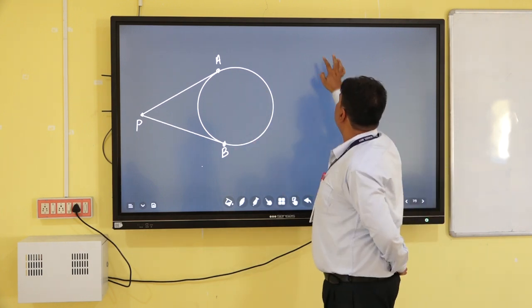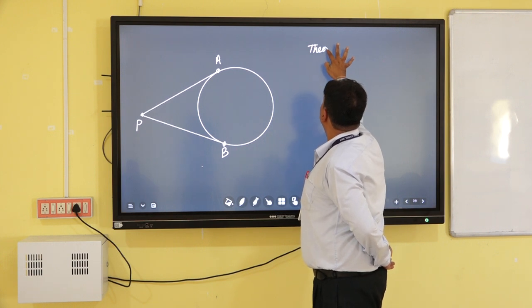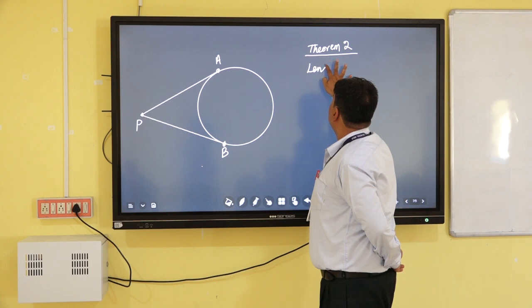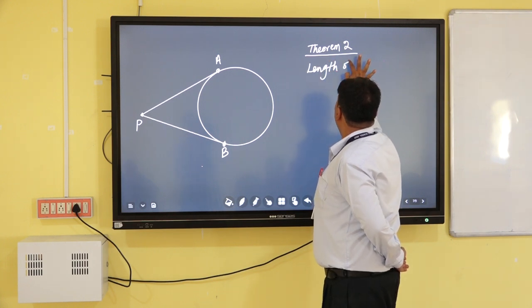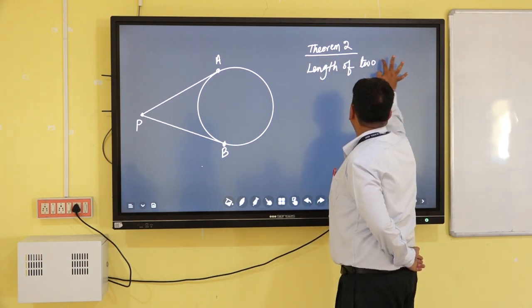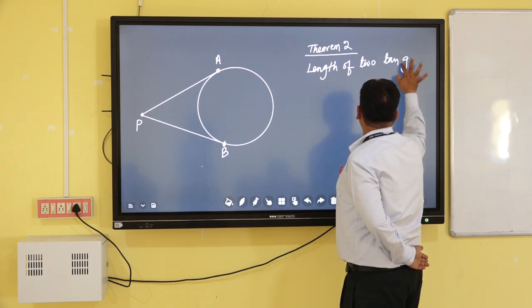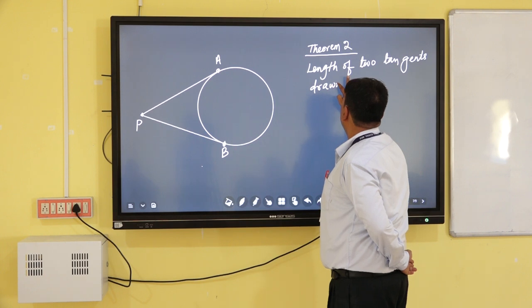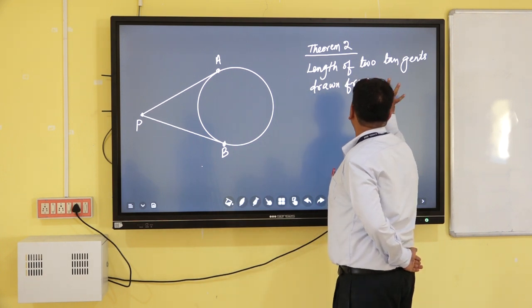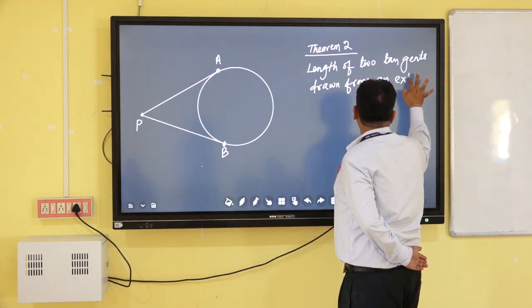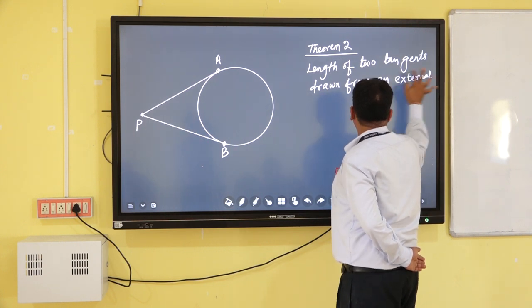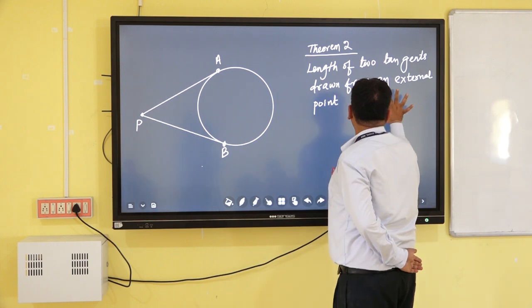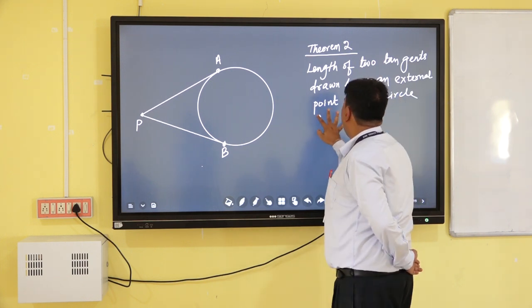Now the theorem says: the length of the 2 tangents drawn from an external point to a circle are equal.